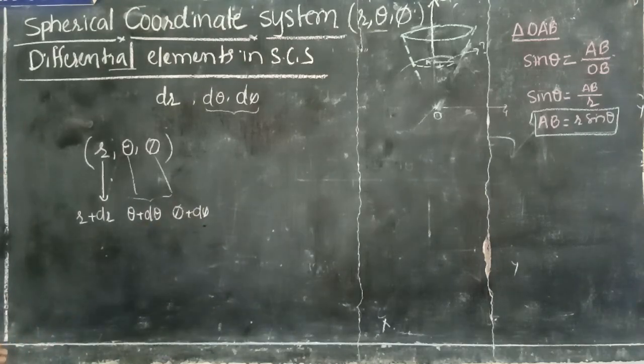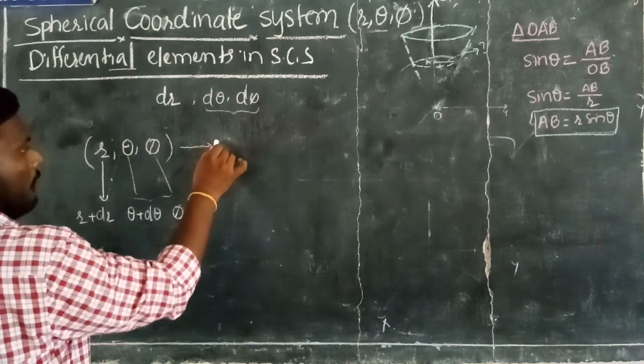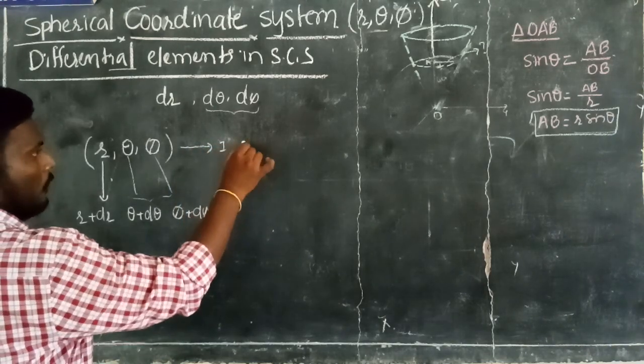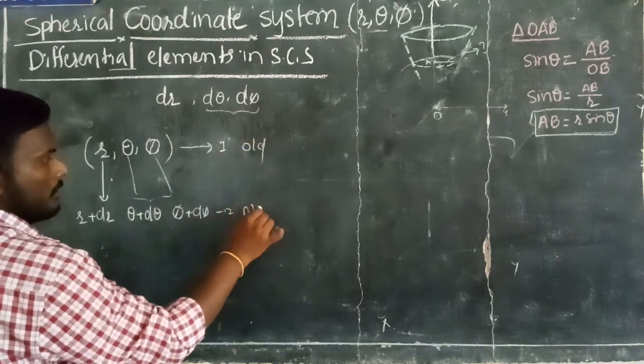So how many coordinate systems do we have here? We have two: the old coordinate system and the new coordinate system.